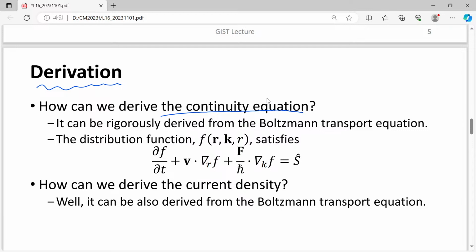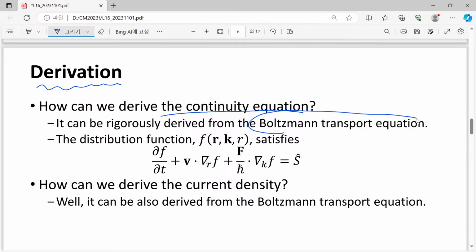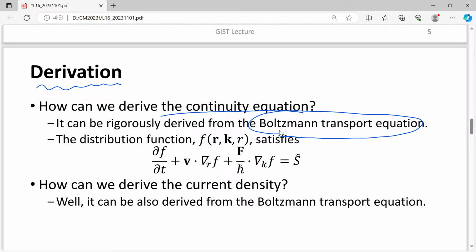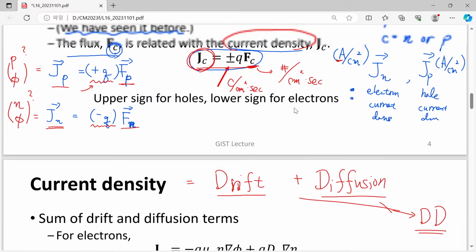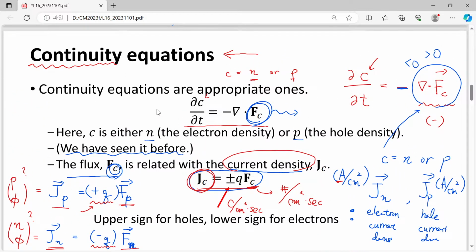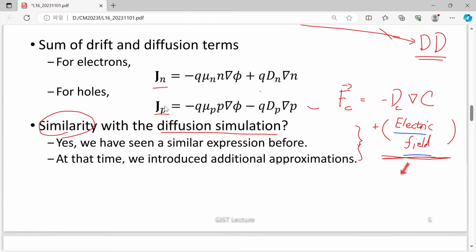Is there any way to derive the continuity equation from a more physics-based equation? Yes, we have. It can be rigorously derived from the Boltzmann transport equation. From the Boltzmann transport equation, you can rigorously derive the continuity equation in the form like this one.